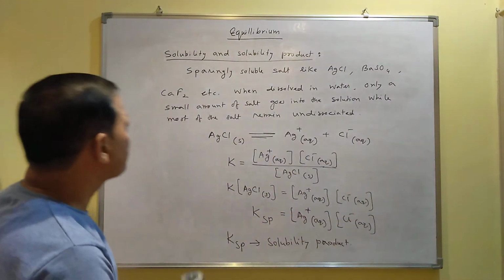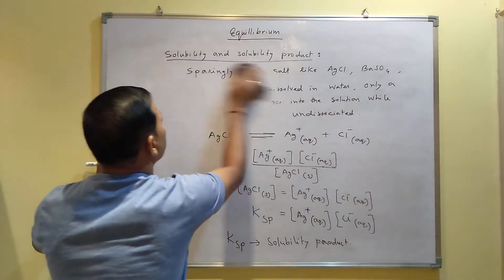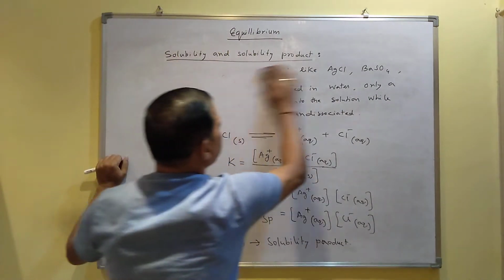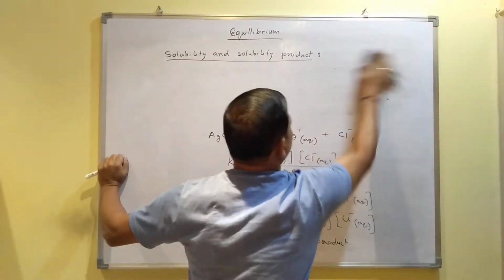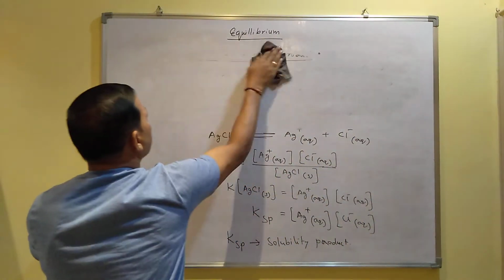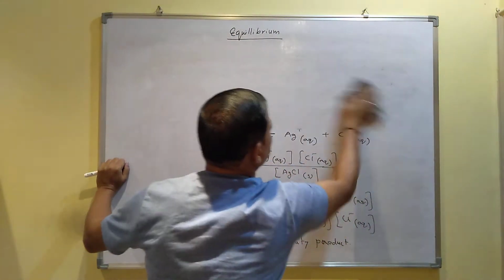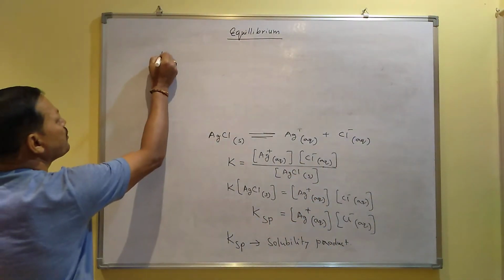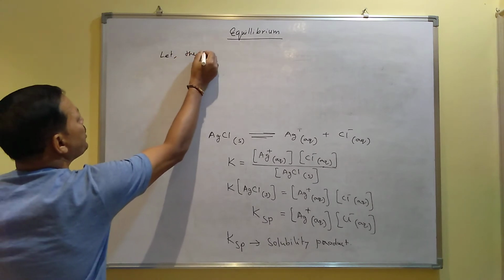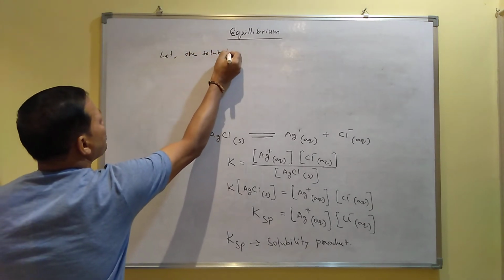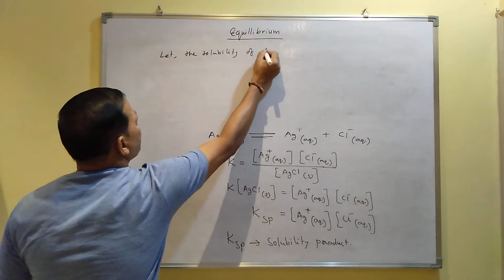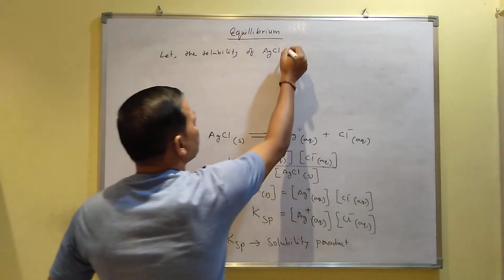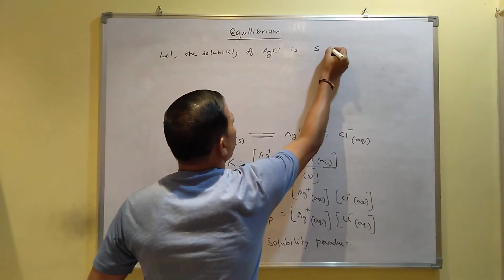Now I will find out the relation between solubility and solubility product. To find out the relation, let the solubility of AgCl be S mole per liter.